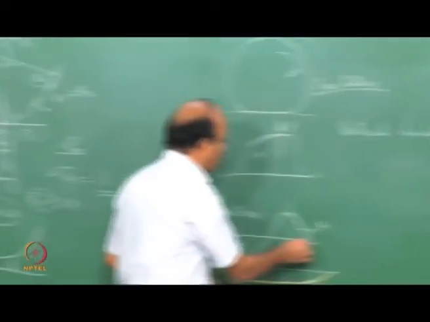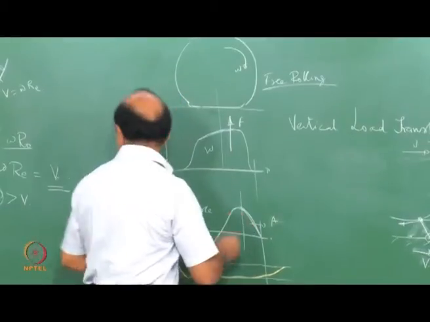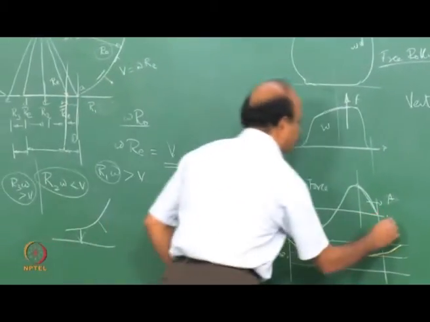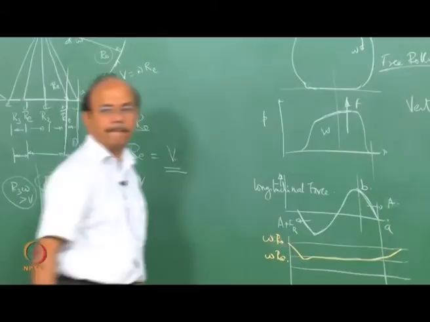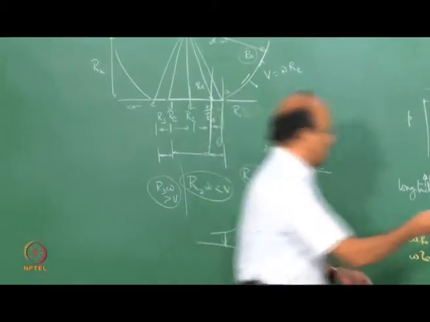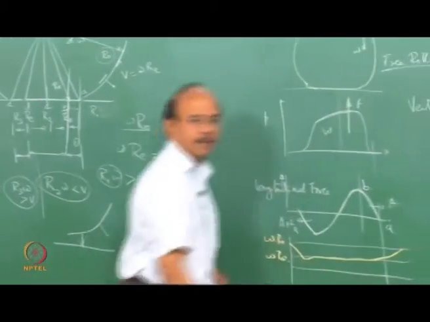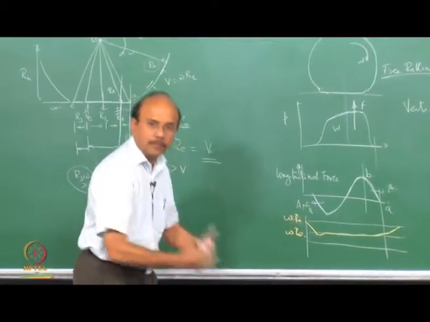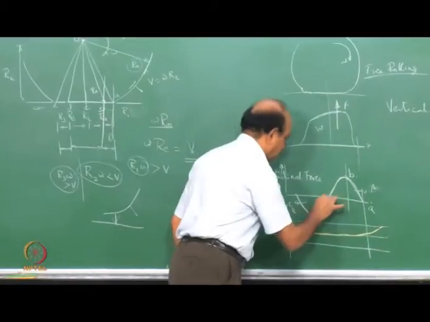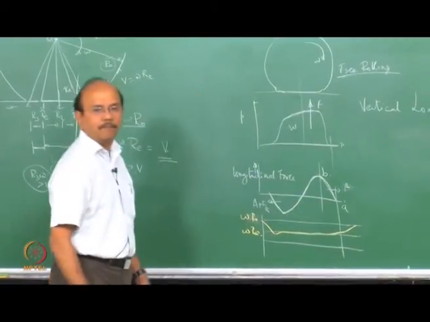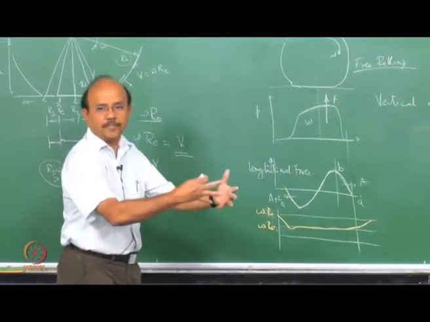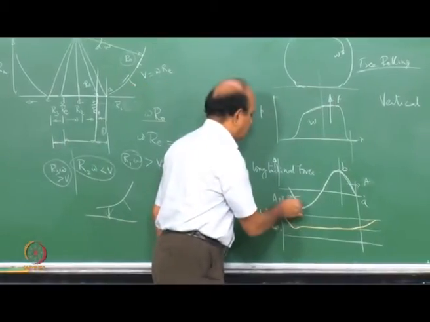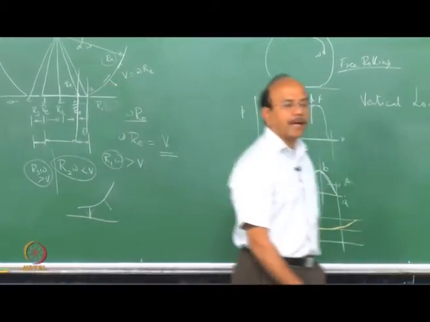So the longitudinal force that is developed from A to B will be like this. Then it's released. Keeps building. And then again it goes in the opposite direction, and so it goes back to 0.